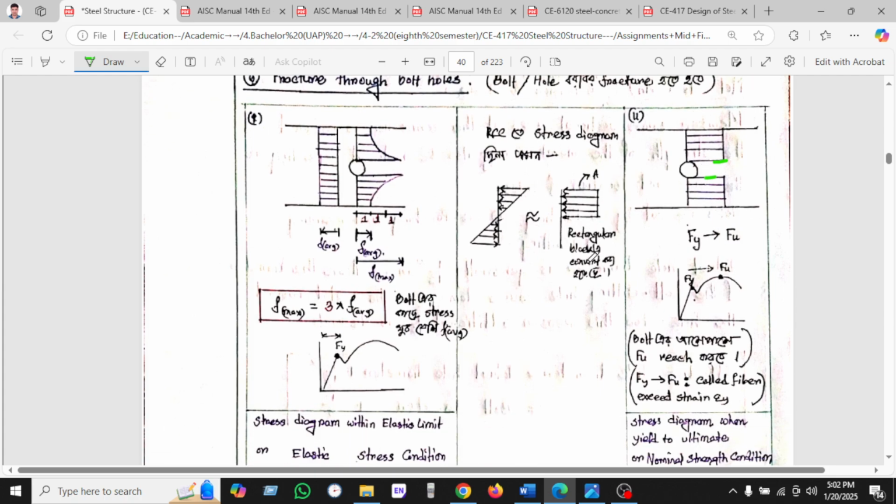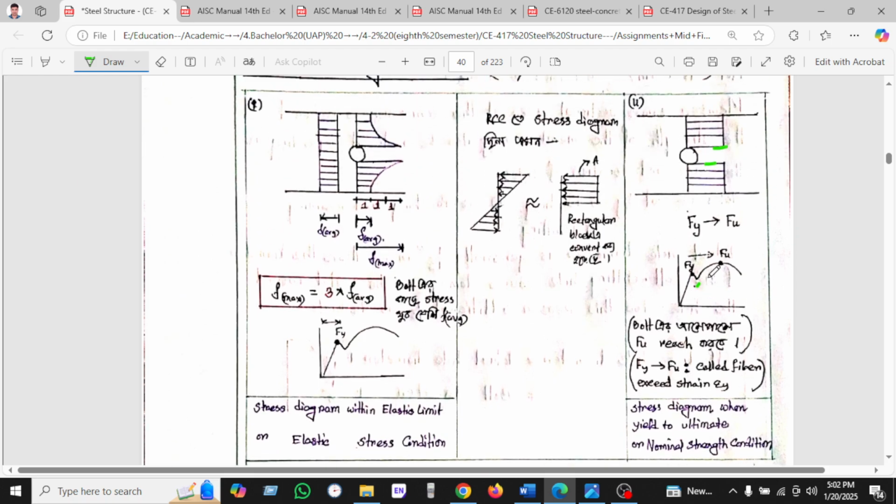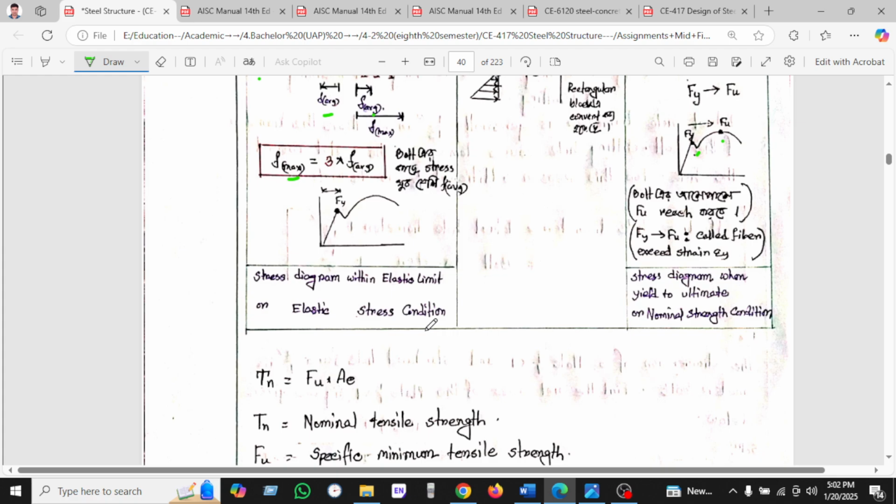Here it is Fu divided by Fu, ultimate. And in the first one we have seen F average. So F maximum will be 3 times F average. Okay.